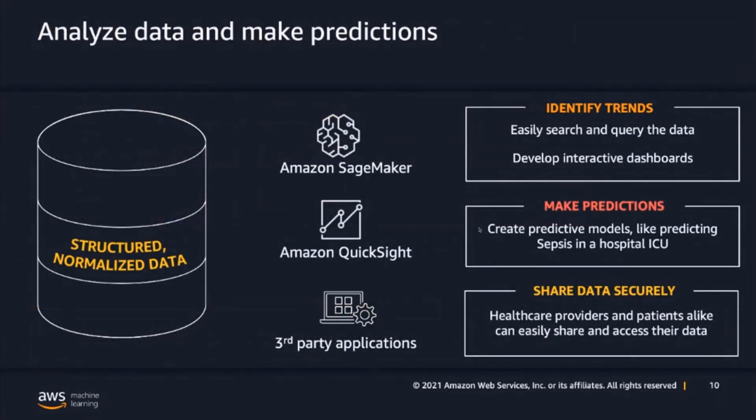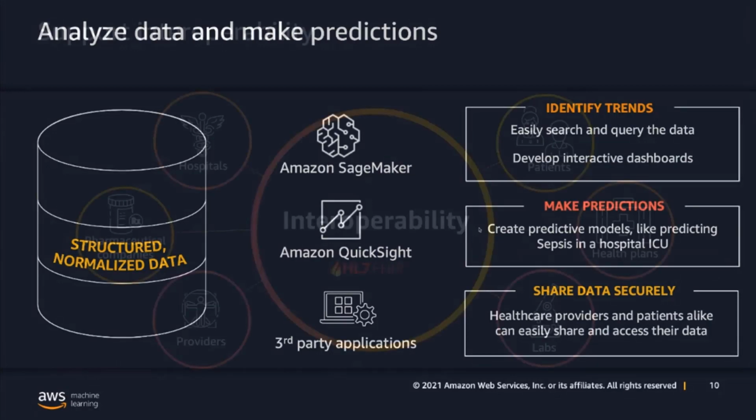So it ultimately helps to identify trends, make predictions, and also share the data with a third party, as we discussed, in an anonymized, de-identified way, so that further research can be done. This slide summarizes that from the structured normalized data, applying different kinds of tools, you can get those outcomes.